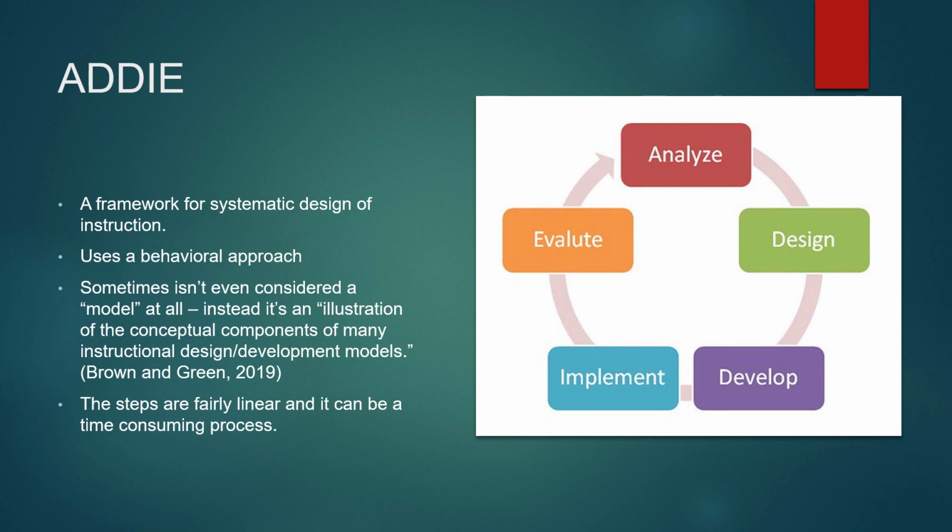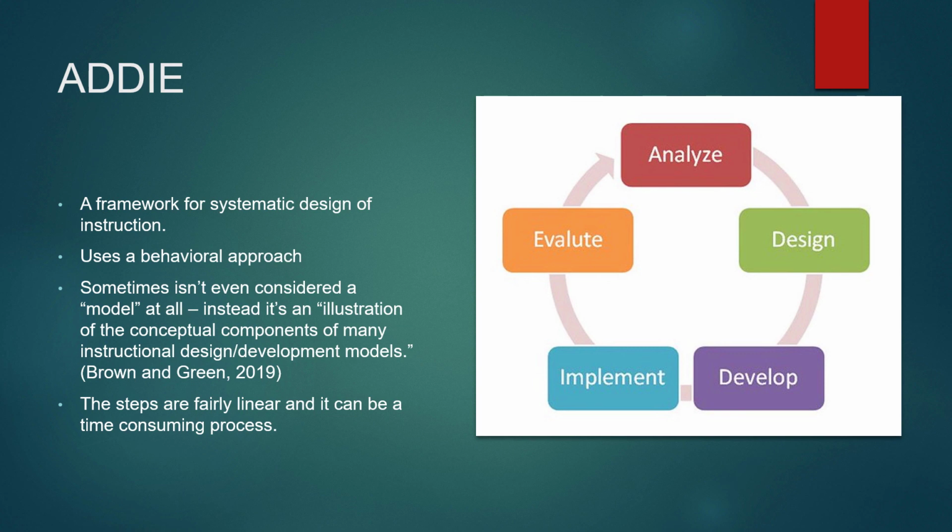The development phase is when these plans are turned into tangible objects and revised if needed. The implementation phase is when these plans are put into action in the classroom, and the evaluation phase involves formative and summative assessments. While ADDIE is visually portrayed as a circle, it has sometimes been criticized as being somewhat linear in nature. It also can be a time-consuming process.